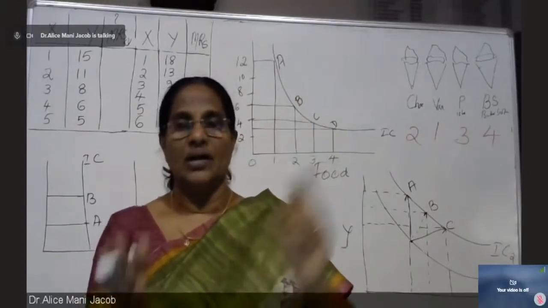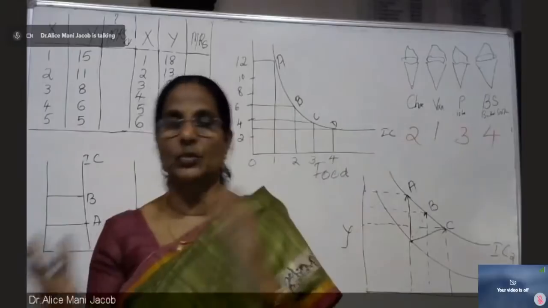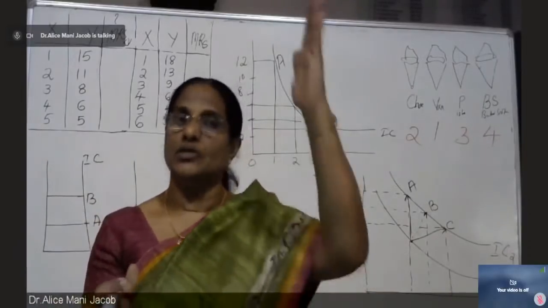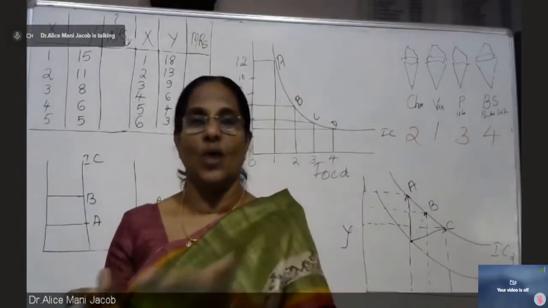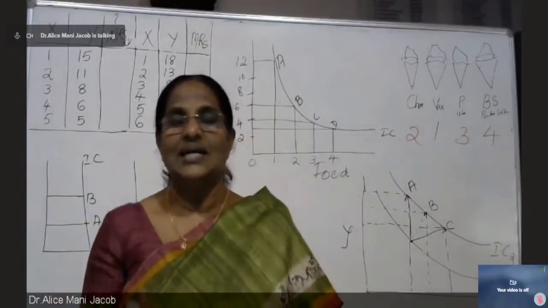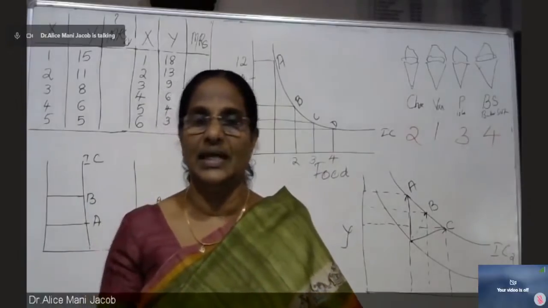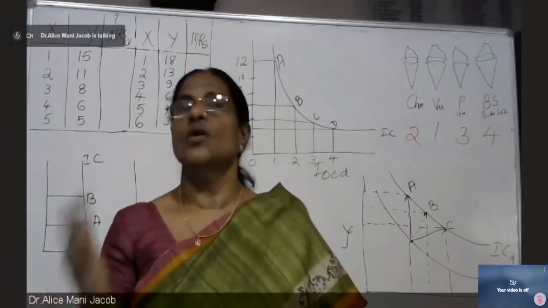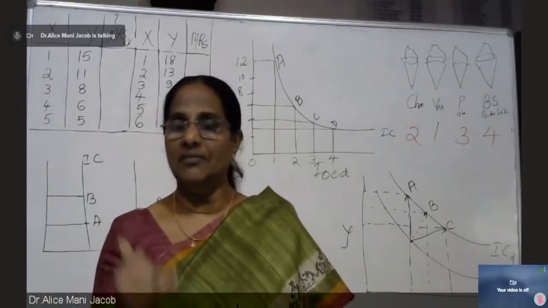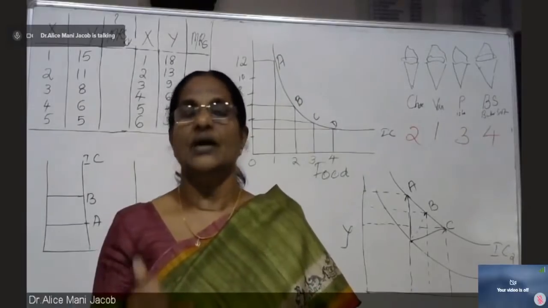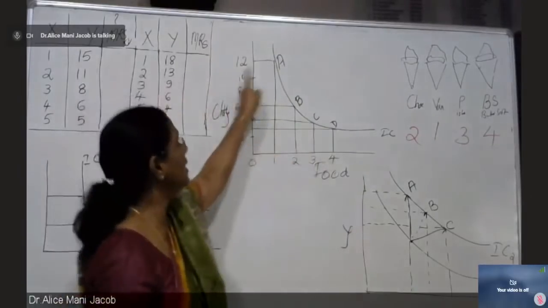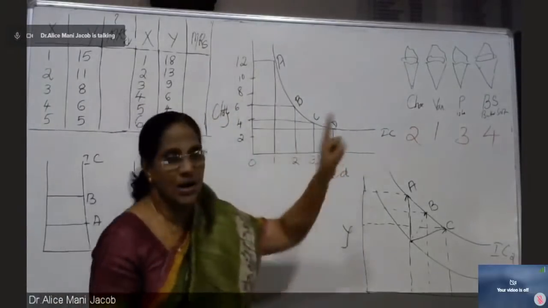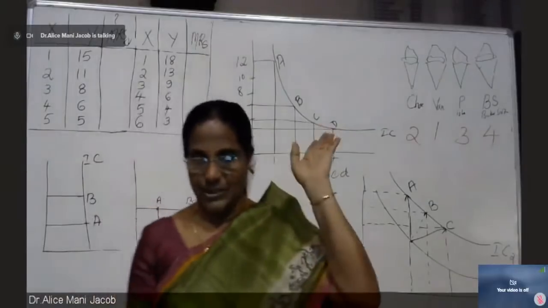This consumer has a combination of two goods, X and Y. Why only two goods? Because we have only one y-axis and one x-axis, so we take a representative situation with only two goods. I repeat, an indifference curve is a curve which shows combinations of two goods which give the consumer the same level of satisfaction.